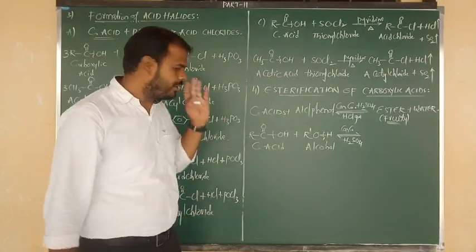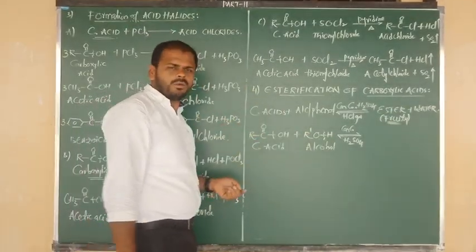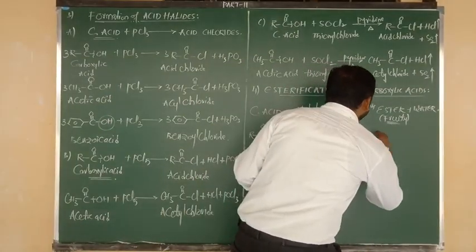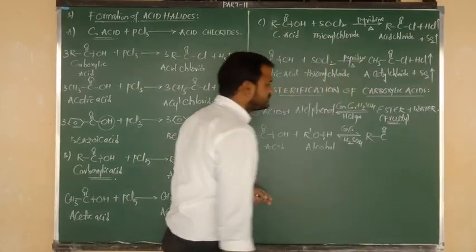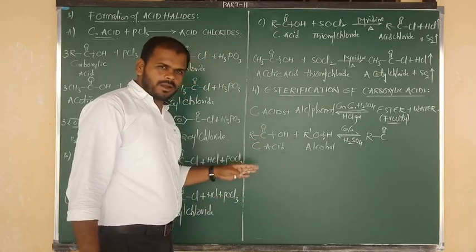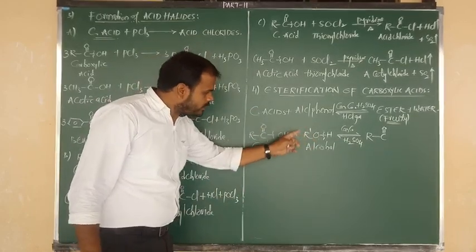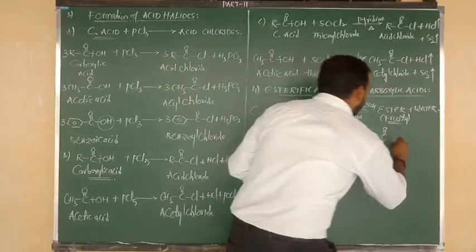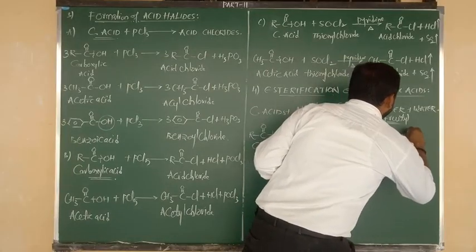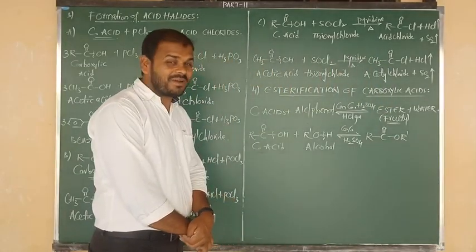Okay, now good. R bonded to C double bond O. Very good. I am going to write here R bonded to C double bond O. Next one is O bonded to R prime. That one I am going to compare.